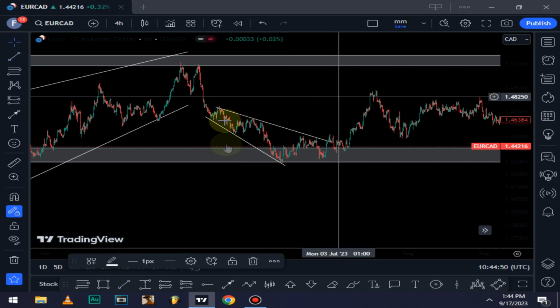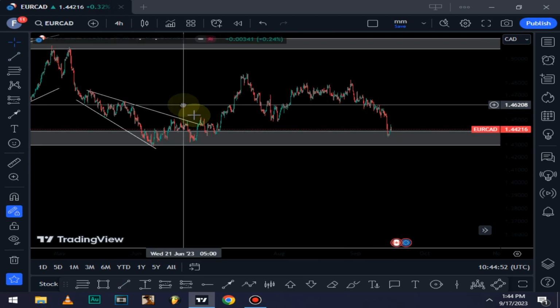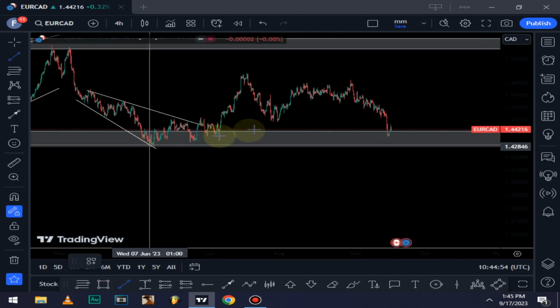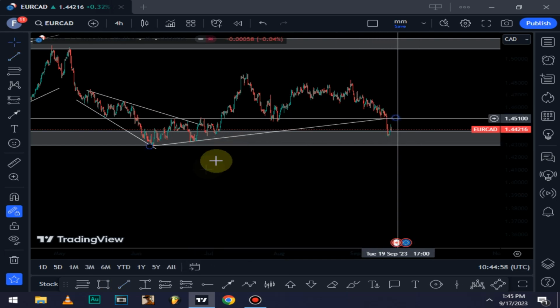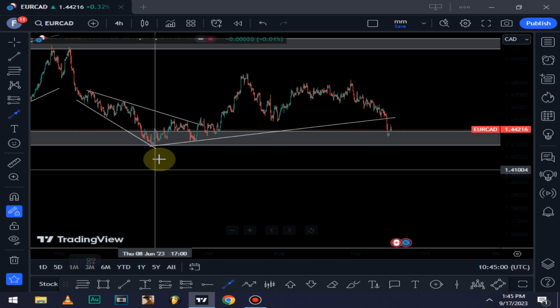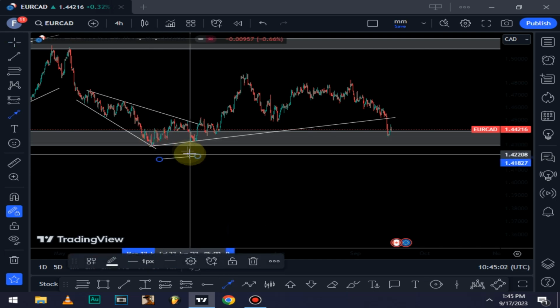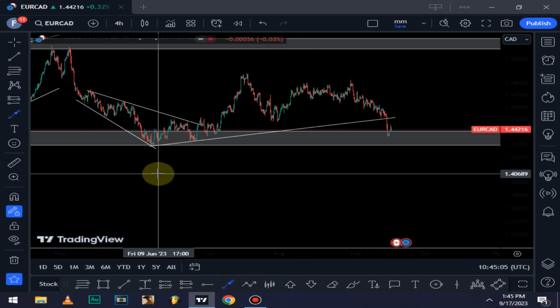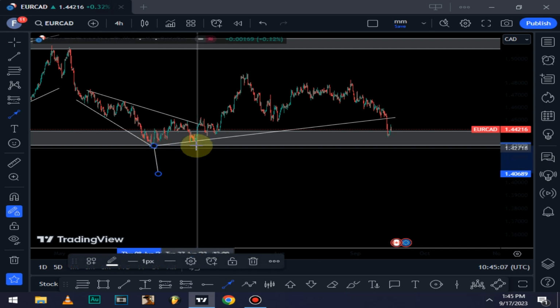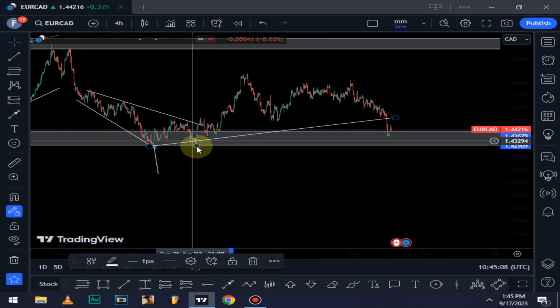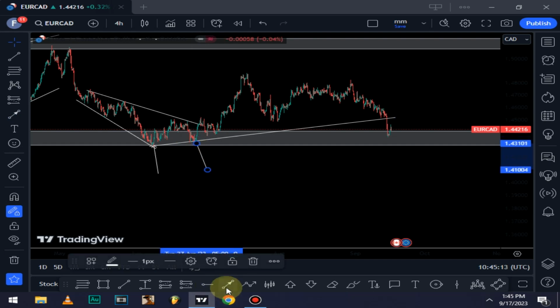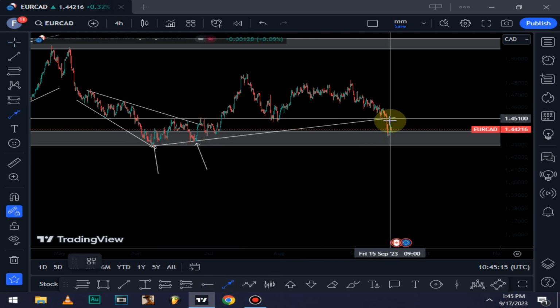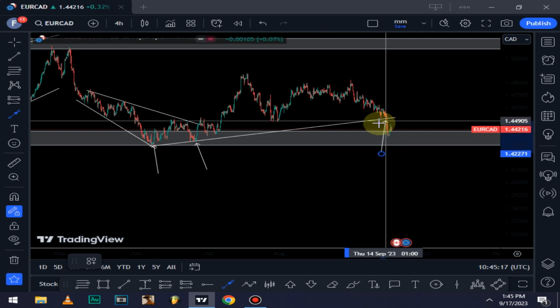There was that expanding channel, then price broke out of that expanding channel as usual, then gave us a new structure. That's what's up. So we can see we had the first touch over here, the second touch over here, and now, of course, price was supposed to give us the third touch, but then broke.